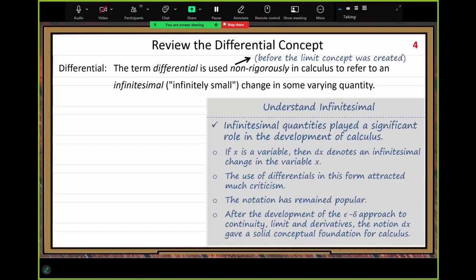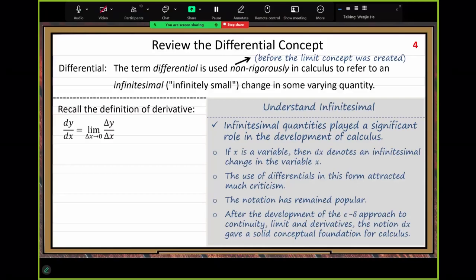You can use limits. So now let's recall the definition of the derivative. Here I show you how to use the limit and derivative concepts to describe differentials.